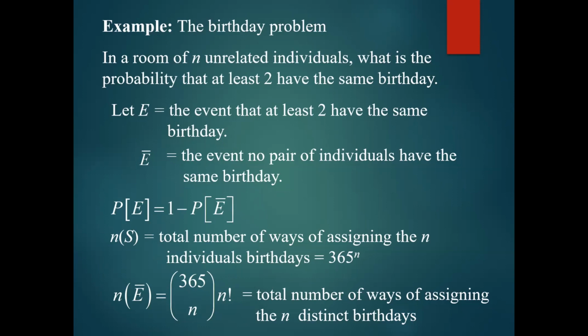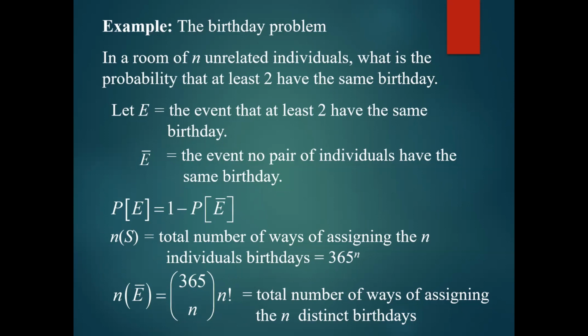Okay. So the total number of ways of assigning the n individuals birthdays is 365 to the n, because there are 365 days in a year, right? So how many ways can you assign birthdays? 365 raised to n, right?